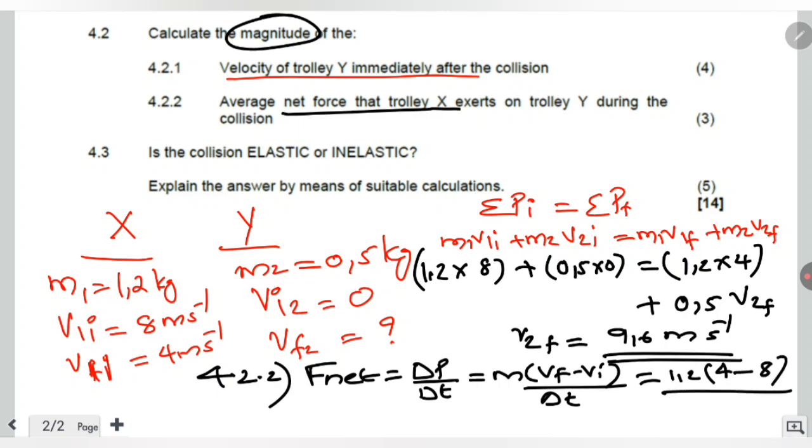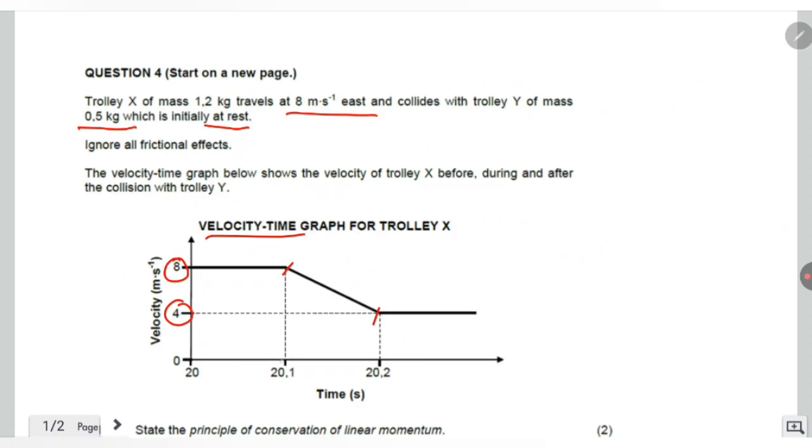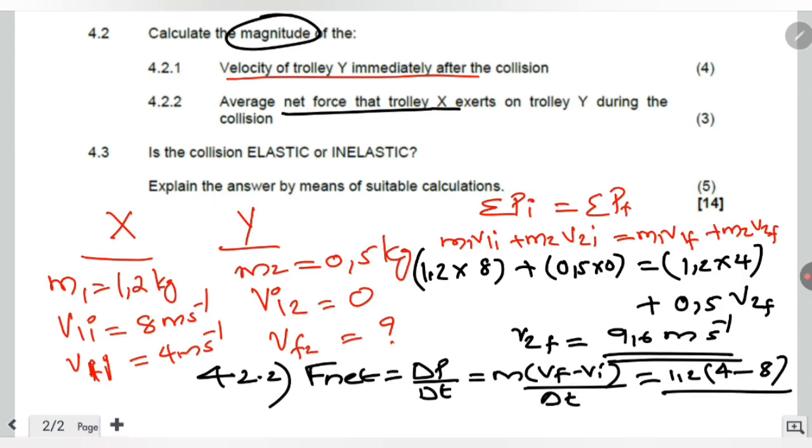When you look at the graph, you can see the collision took place from this point to this point, so 20.2 minus 20.1. Then you solve for it and you will get minus 48. Here also they are asking for magnitude, so we say 48 newtons. Magnitude means we don't need direction.